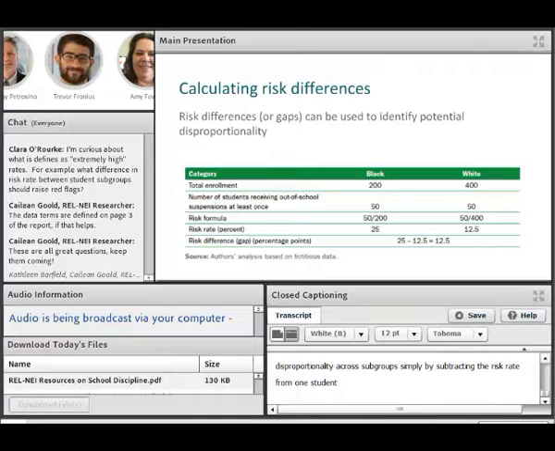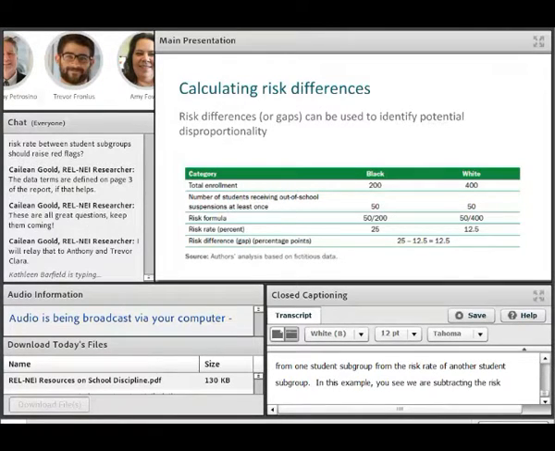In this example, you see we're subtracting the risk rate for black students as it relates to out-of-school suspensions to the risk rate for white students. Again, I should note this is all fictitious data meant to be a visual example for you of the analyses. In this instance, the risk difference is 12.5 percentage points.